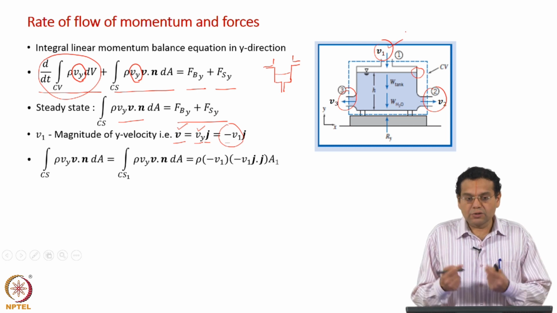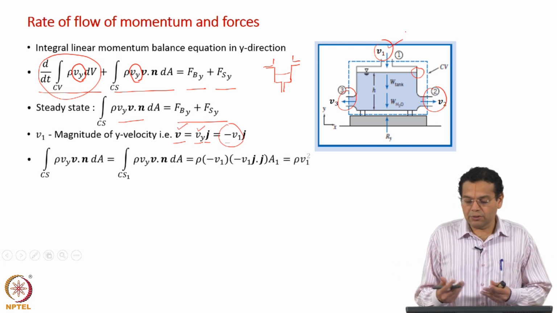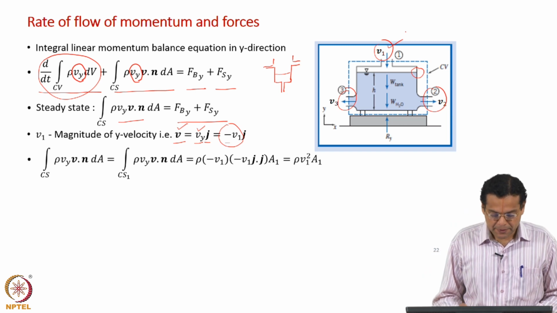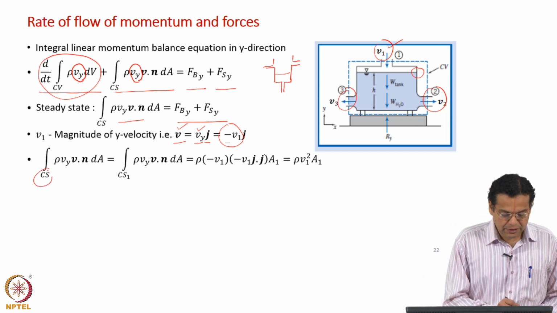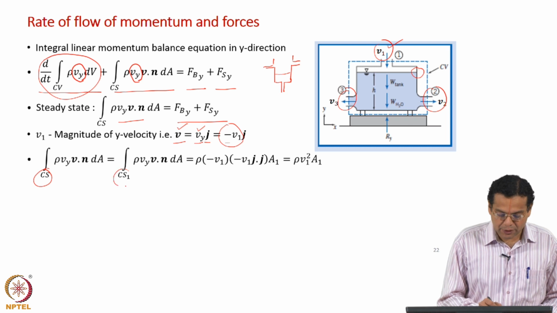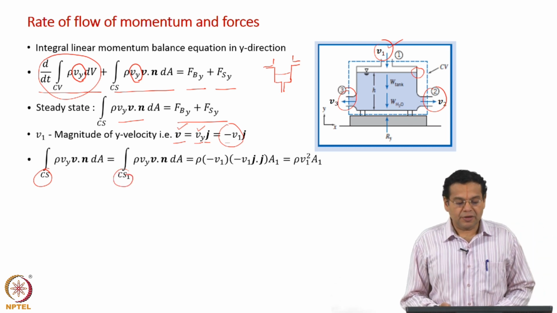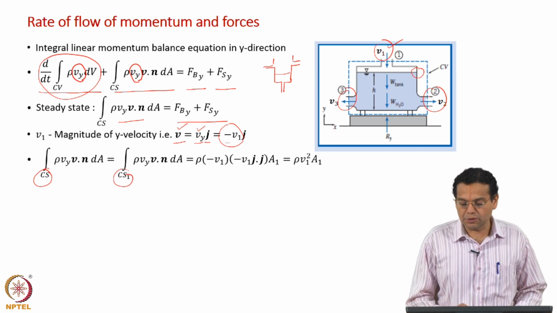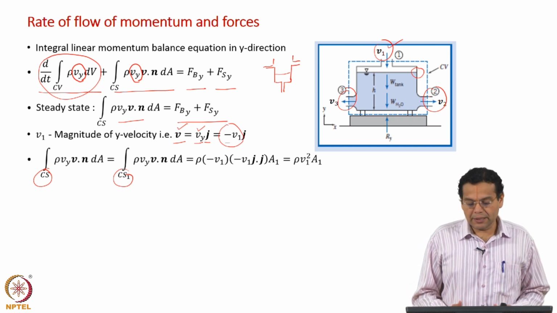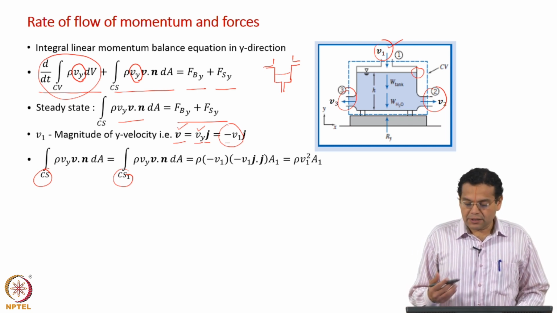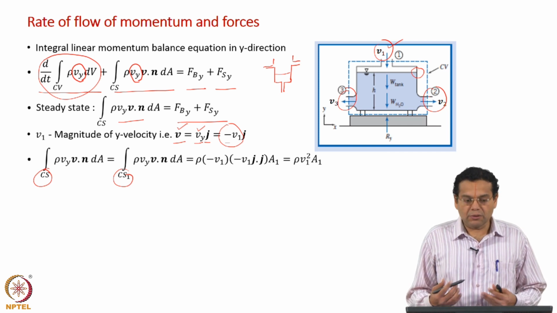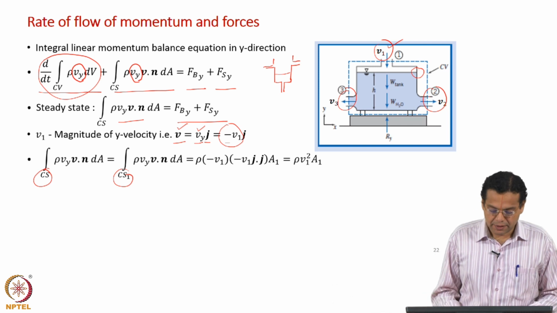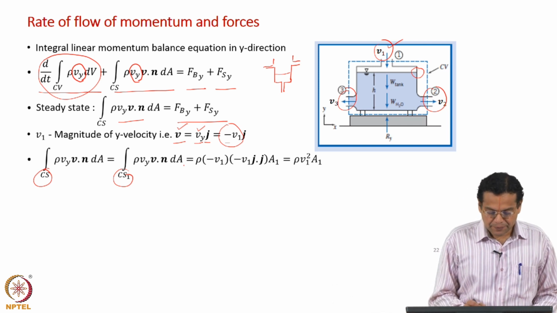The other two flows are in the horizontal direction, so they do not contribute to the momentum balance in the y direction. That is why the control surface is replaced with CS 1. If it were a mass balance, then you would have to consider CS 2 and CS 3, but because it is a momentum balance, we consider only control surface 1, which alone contributes to the y momentum.